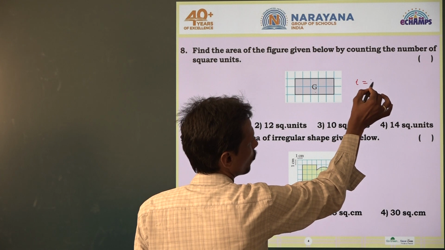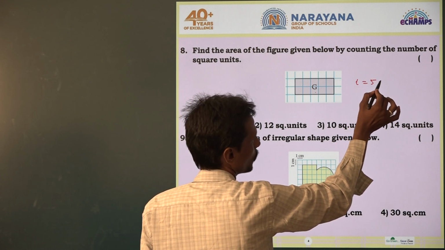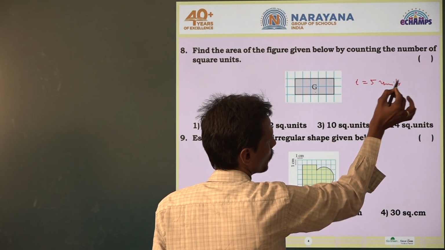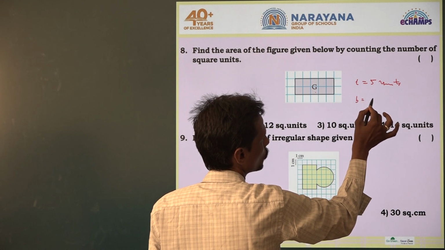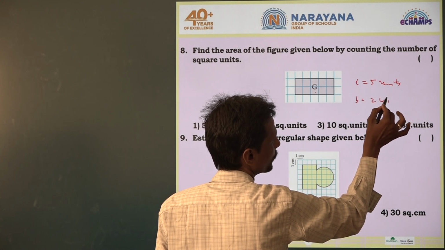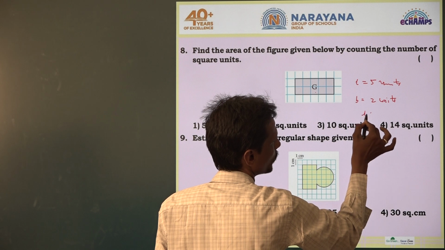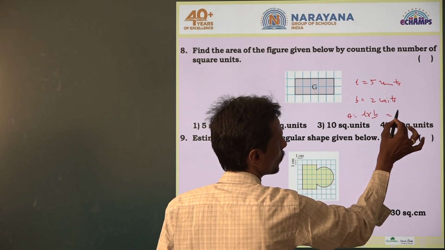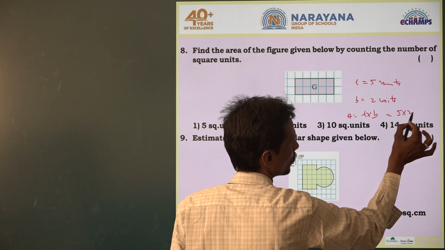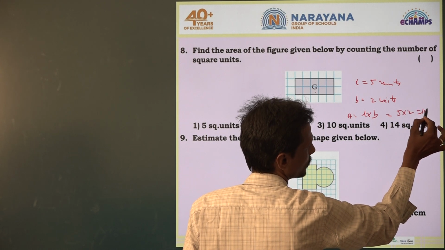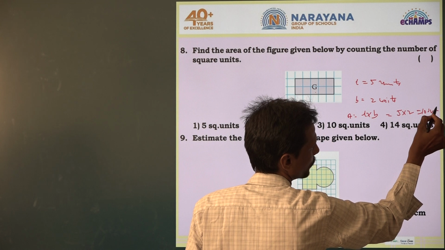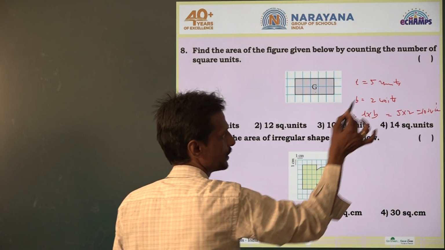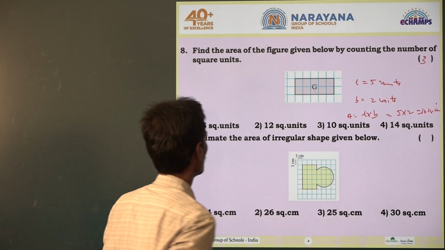L is equal to 5 units, B is equal to 2 units. So area is equal to L into B is equal to 5 into 2 is equal to 10 square units. So 10 square units, the third option.